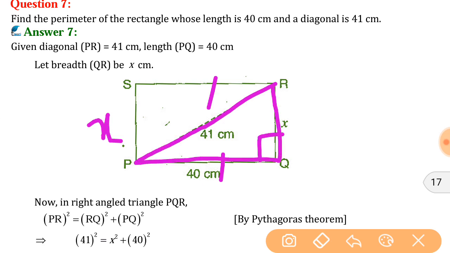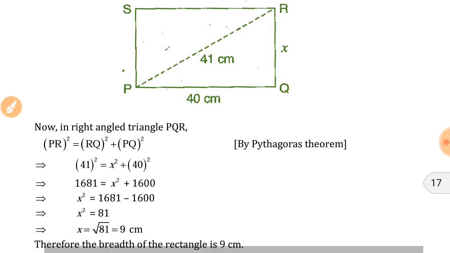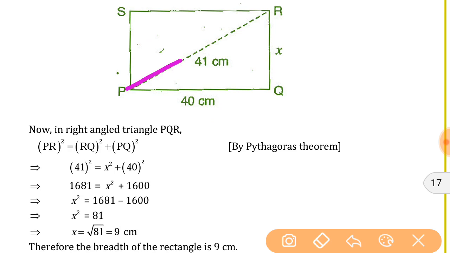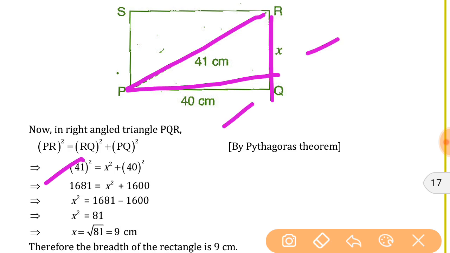So diagonal PR, apply the Pythagoras theorem. So now in triangle PQR, PR square is equal to PQ square plus RQ square. So that is 41 square is equal to x square plus 40 square.